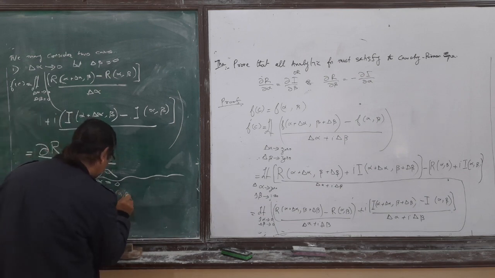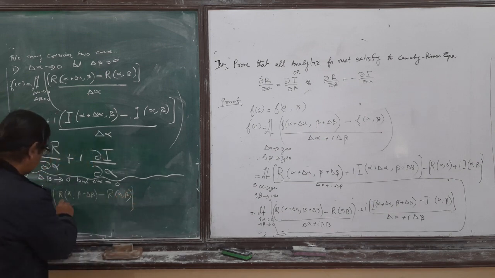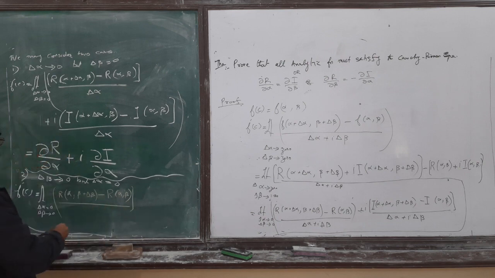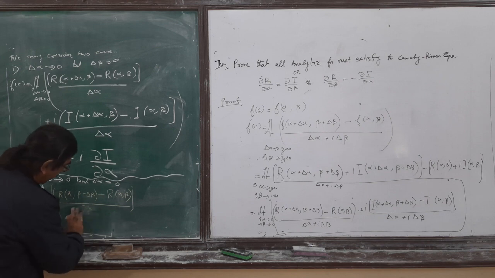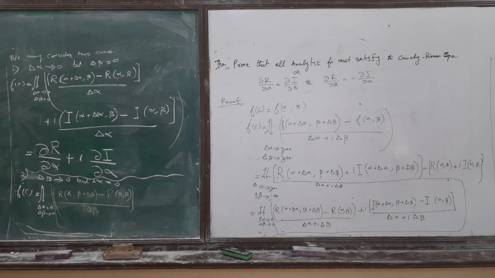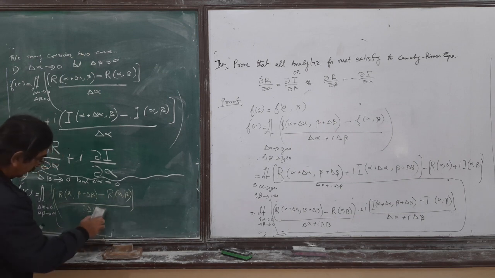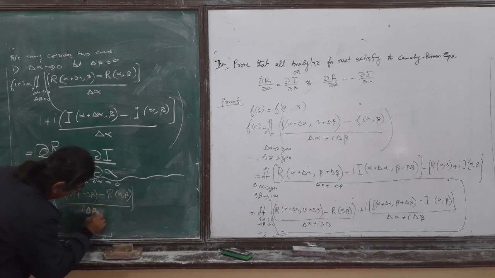Alpha will be treated as constant and beta is changing. Okay. Divided by, yes, iota delta beta. Iota delta beta. Yes.